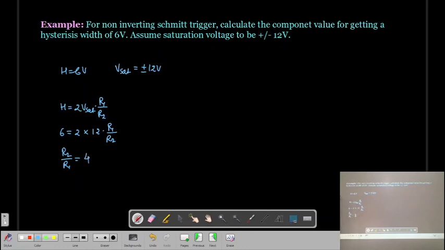It means that R2 is equal to 4 R1. And here you can assume one of the resistance values and calculate the other one.